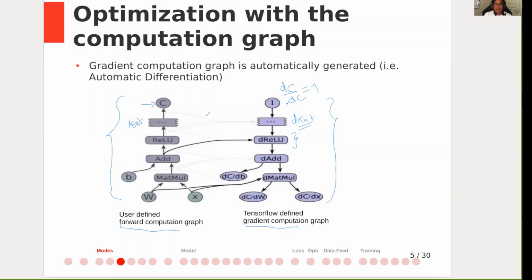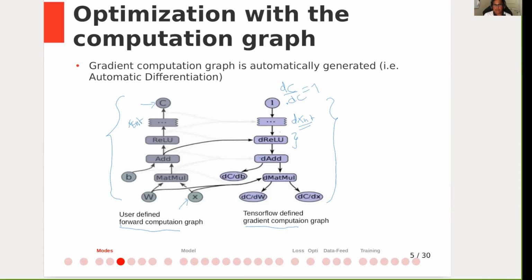So once the two graphs are available to the TensorFlow system, it can perform the forward pass by passing the input data through the forward computational graph, and then use the results in the backward computational graph, and pass the results through the backward computational graph, which actually computes the gradients of the parameters.